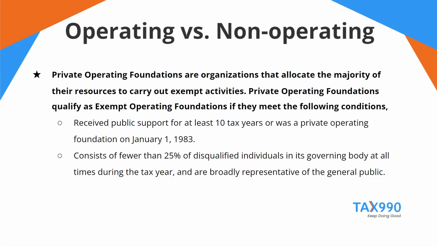Private operating foundations qualify as exempt operating foundations if they meet the following conditions. They've received public support for at least 10 tax years or were a private operating foundation on January 1st, 1983, or consist of fewer than 25% disqualified individuals in their governing body at all times during the tax year, and are broadly representative of the general public.